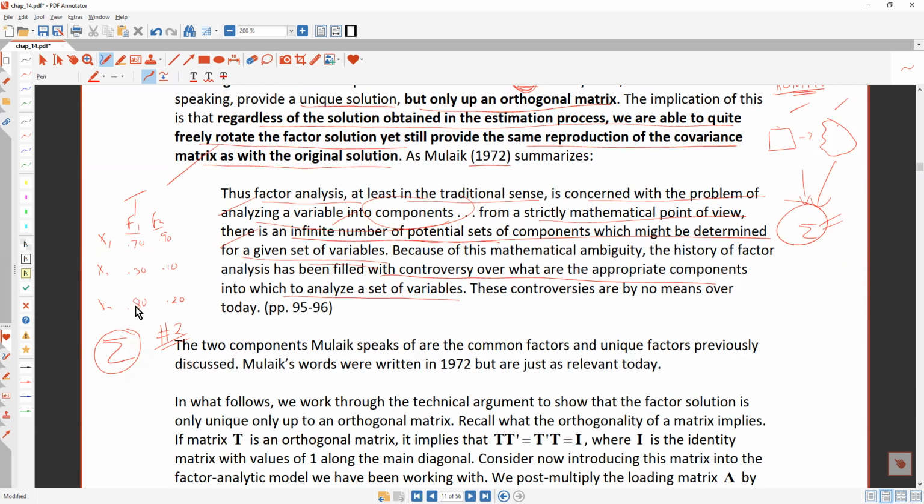So there's complications there. But here's one of the biggest complications: you can subject those factor loadings to a rotation, to a transformation, and you can just as well reproduce this.